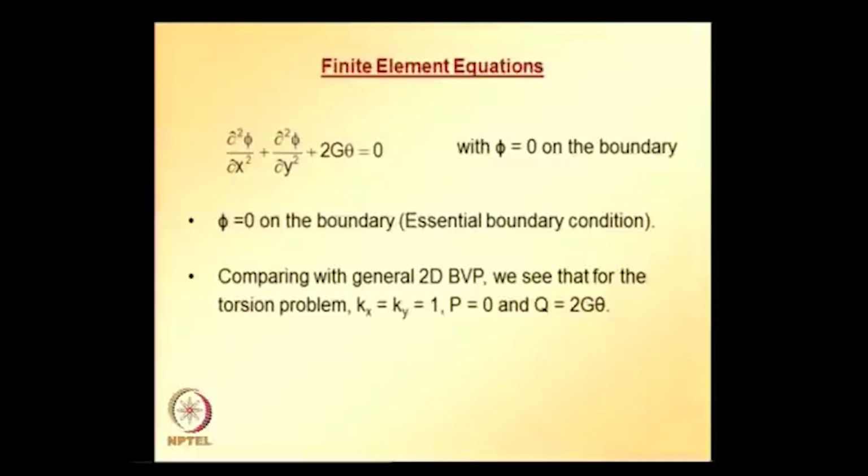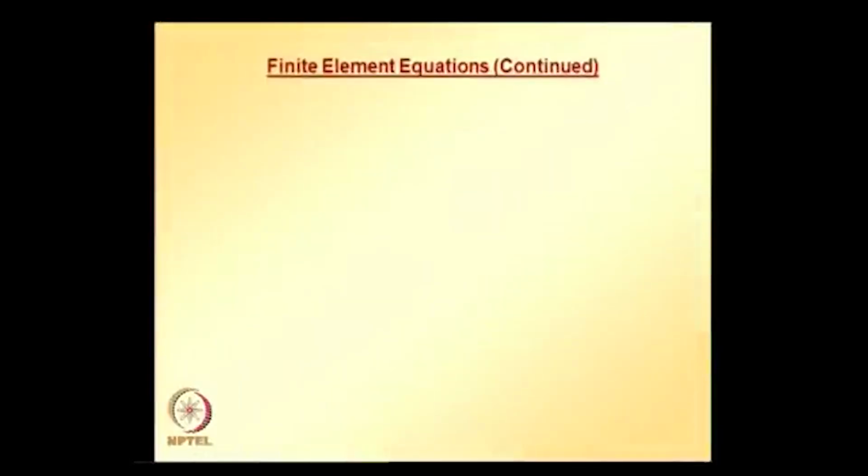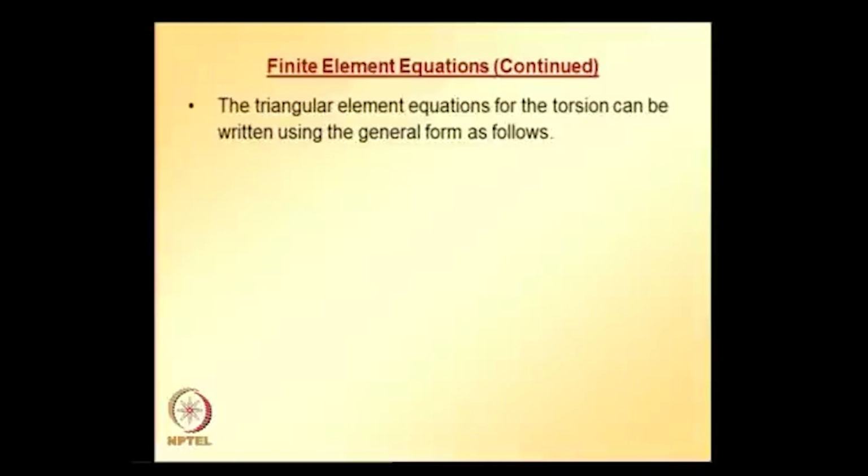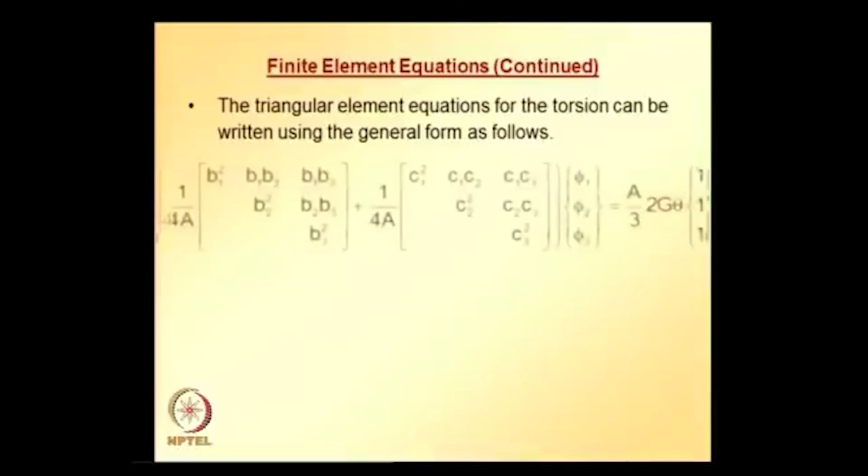So, we can easily substitute this information into the equations that we have just seen, and we can get the equations corresponding to torsion of prismatic bars. Triangular element equations for torsion can be written using the general formula as follows.